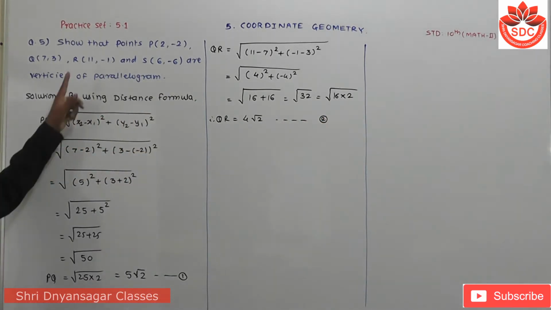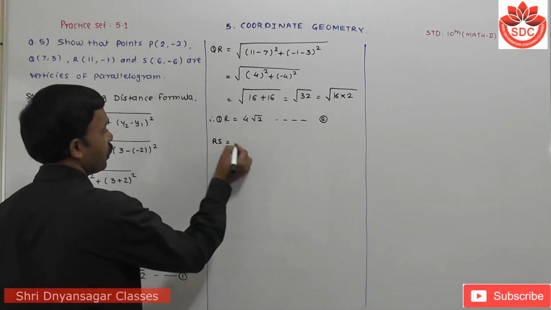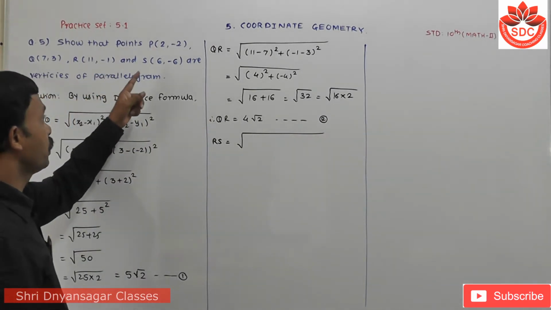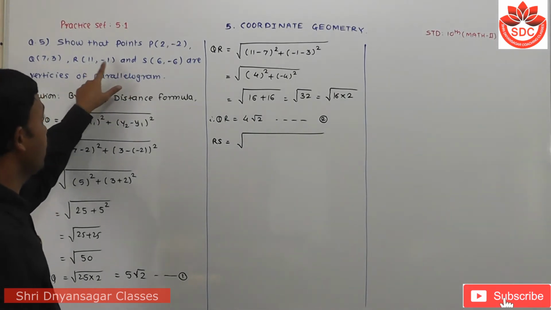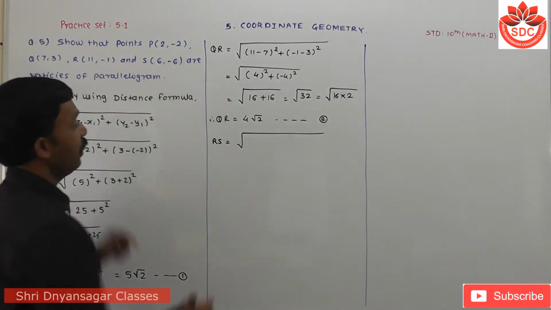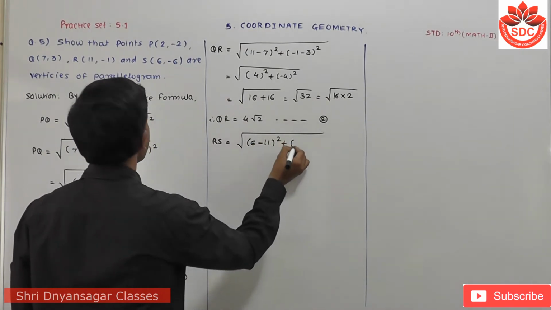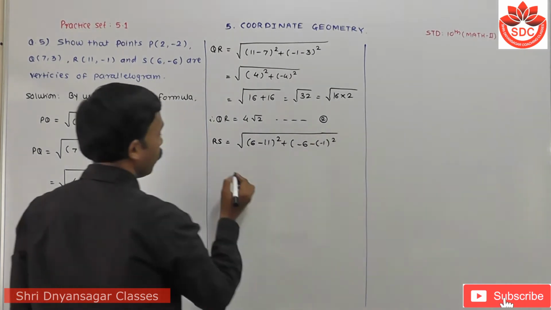Then we have to find RS. For this RS, again we use the distance formula by directly substituting the values of x2, x1, y2, y1. Let this be x1, y1 and this x2, y2. Then (6 minus 11) squared plus (minus 6 minus 1) squared.